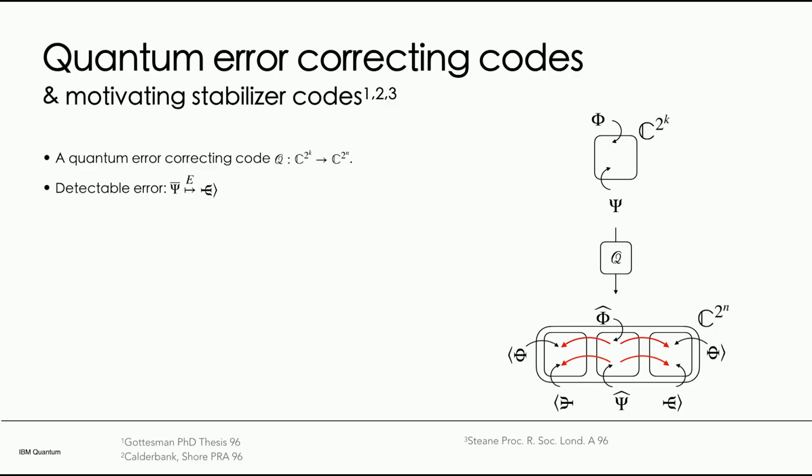Okay? So we might want to perform this embedding so that we can create as many orthogonal spaces as possible, because we might then say, for every possible error that I am likely to deal with, there's a distinct orthogonal space so that I can catch as many errors as occur.